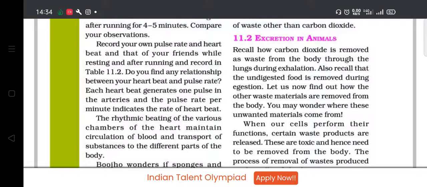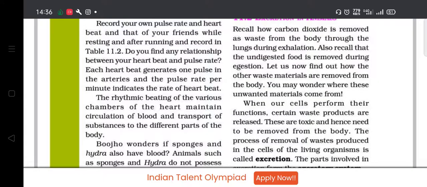Excretion in animals. Children, you know that carbon dioxide is removed from the body through the lungs. So as you know, we exhale carbon dioxide as a byproduct, meaning the unwanted product from our body. So we also have so many things that we need to remove from our body.